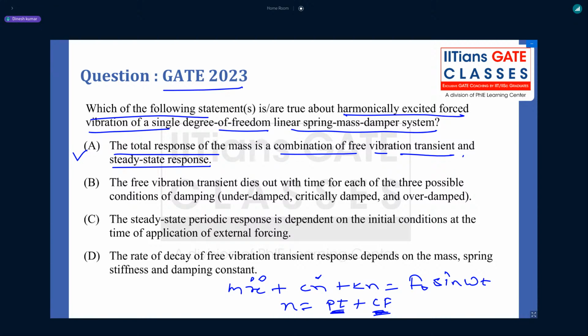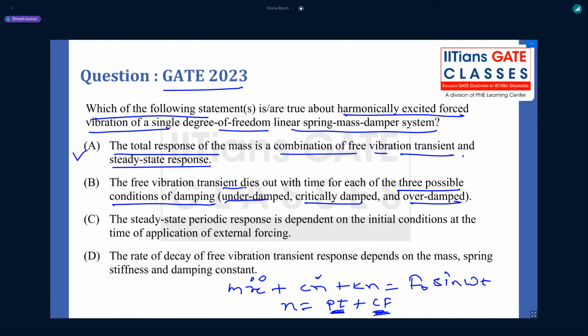The free vibration transient part dies out with time for each of the three possible conditions of damping. So guys, in the GATE key, they gave B also correct: underdamped, critically damped, and overdamped.